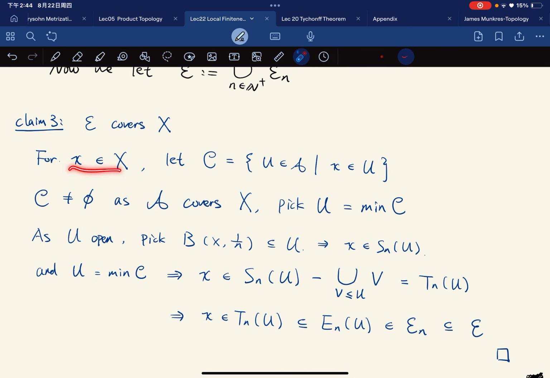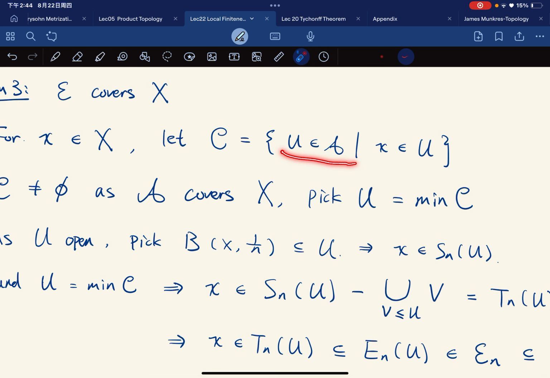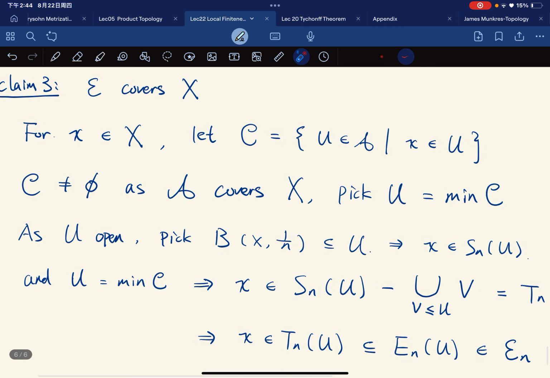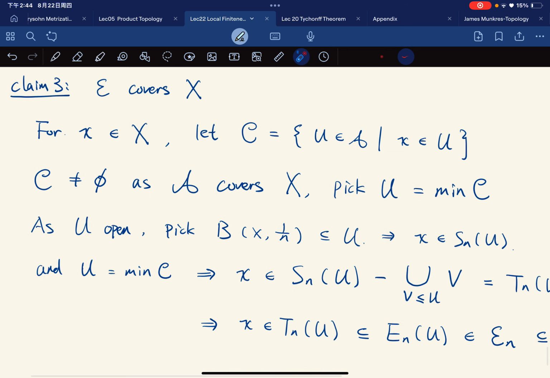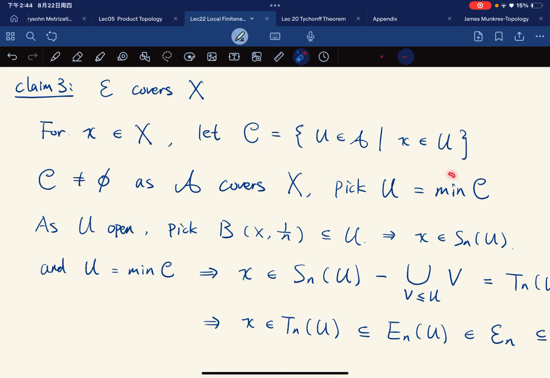For x in X, we're going to let C be the collection of all the U in A such that it contains x. Okay? And then this is not empty because A covers X, and we pick U as the minimum of it by the well-ordering. A has a well-ordering, right? Any non-empty set has a minimum element.